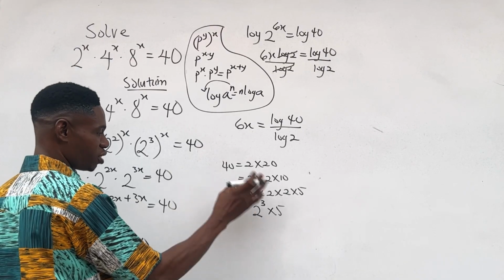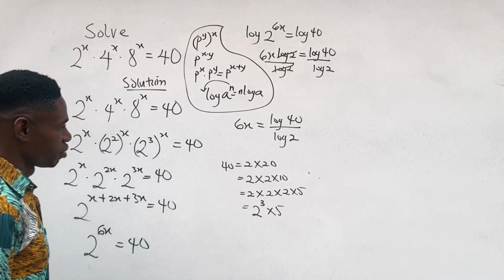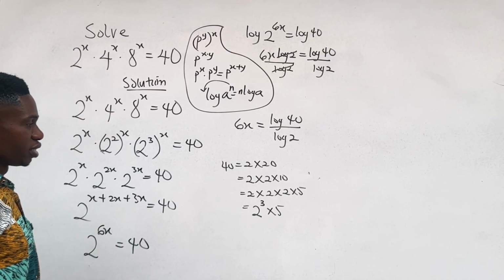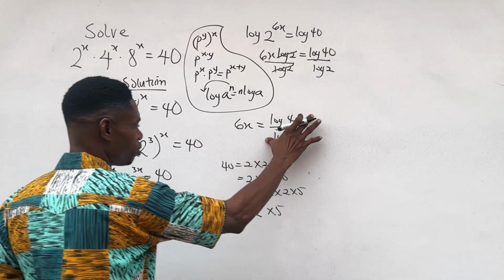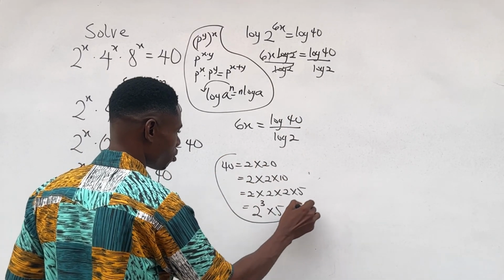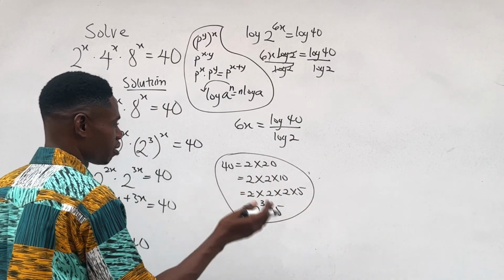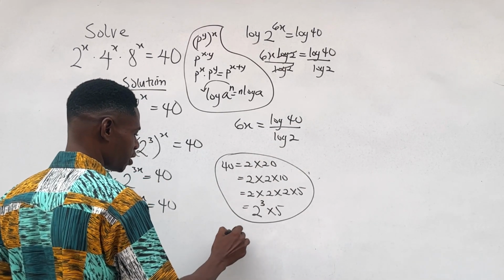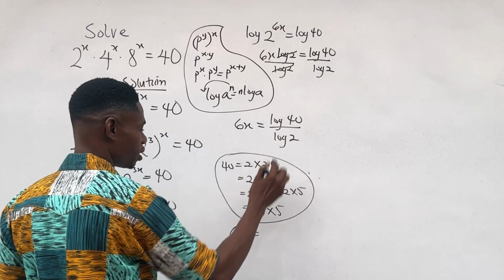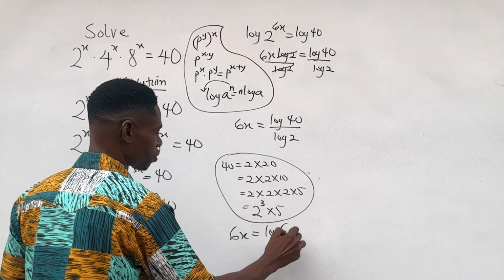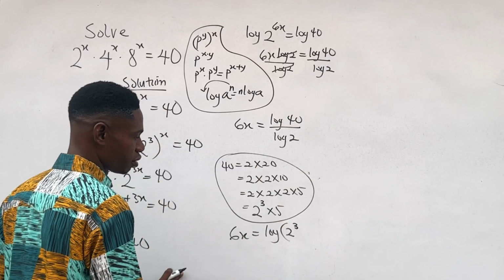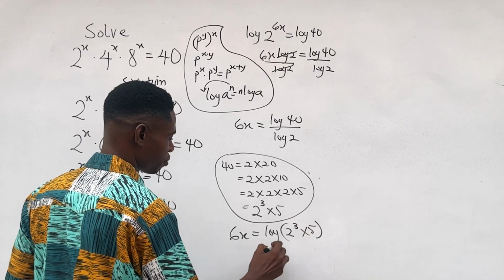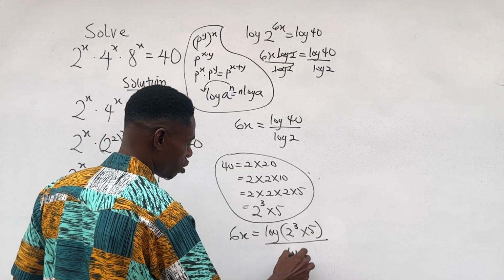We're breaking 40 to its simplest form so that we can proceed. So now we have 6x equal to, instead of 40, log of 2 raised to the power 3 multiplied by 5, all over log 2.